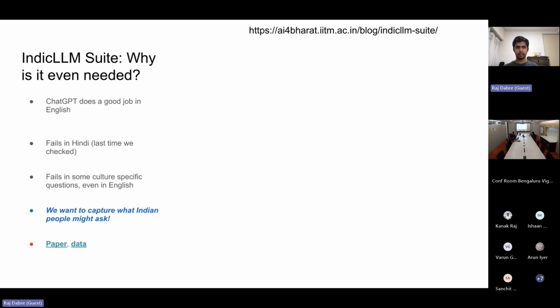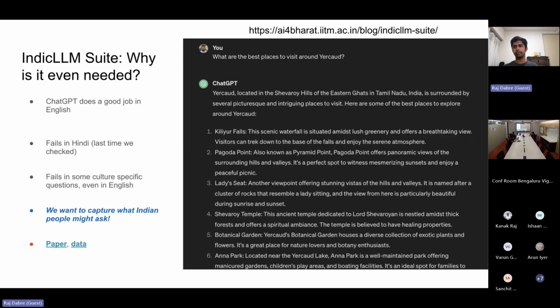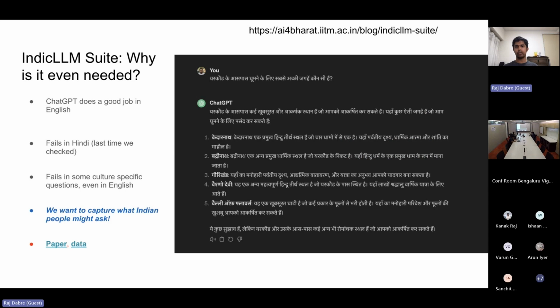If you've played with ChatGPT, you know that if you ask, say, where are the best places to visit around Yercaud, ChatGPT will give you a nice long answer with details and points. But if you ask ChatGPT the same thing in Hindi, last time we checked, it didn't give a very satisfactory answer. It misses out on some content.